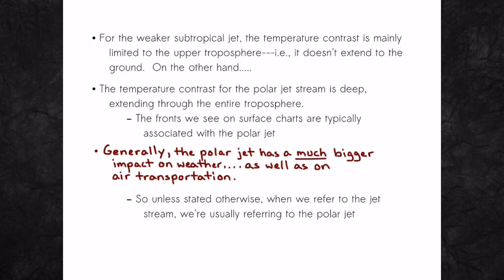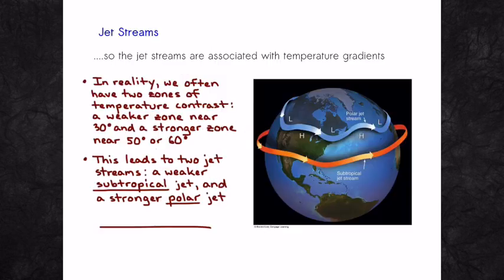If I step back to the previous figure, again, these jets are blowing from west to east. So for instance, if you look up average flight times from New York to London, you find that the average flight time in one direction is 6 hours and 50 minutes. If you're flying from New York to London, where is London? Somewhere over here.